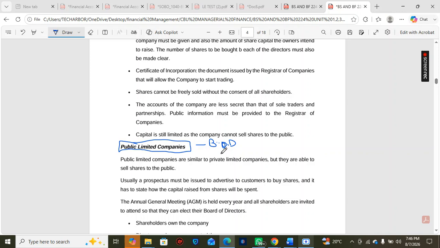Now, with public limited companies, you have to make your financial statements public. Unlike private limited companies, partnerships, and sole traders, whose financial statements you'll never see, with a public limited company, if you check the newspaper, you're going to see a financial statement showing how well that company is doing.